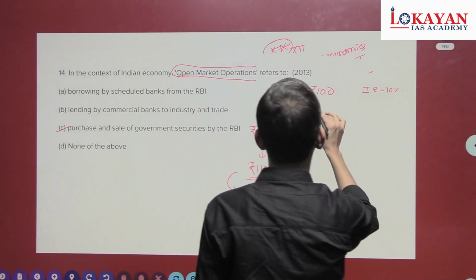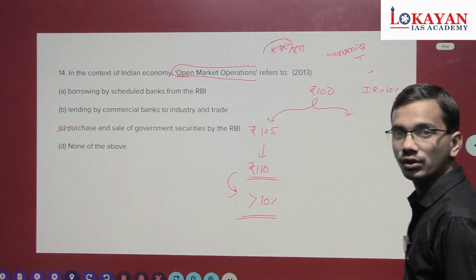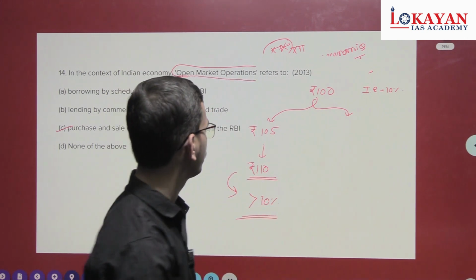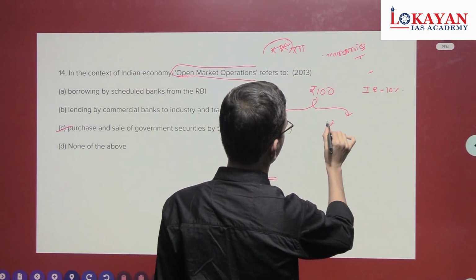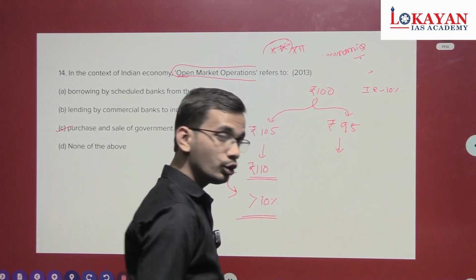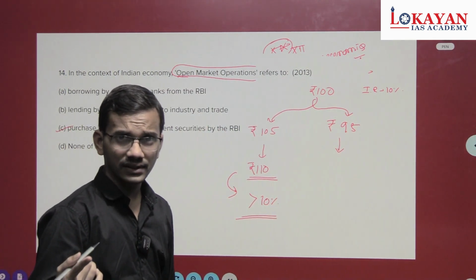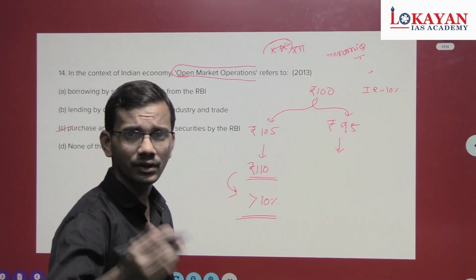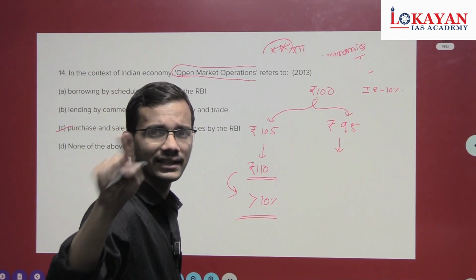Now suppose there is lack of demand, so I have to sell that bond for rupees 95. Now the new purchaser, the new bond holder, will get 110 rupees because face value is rupees 100 and interest rate is 10%.